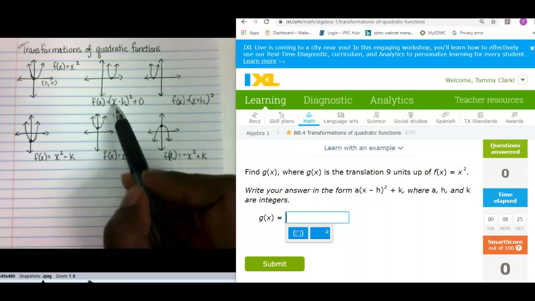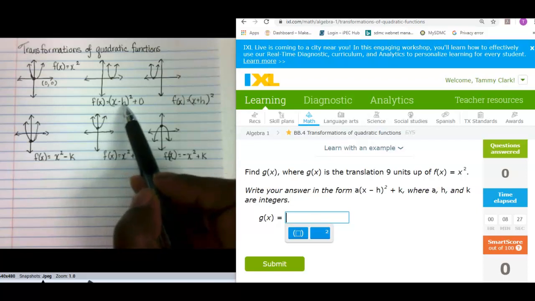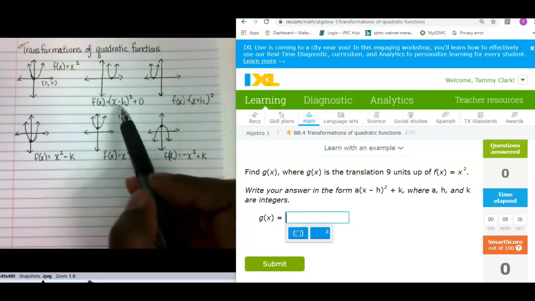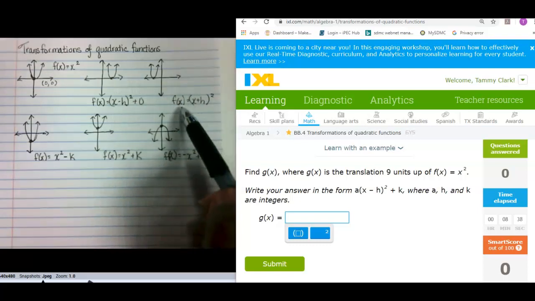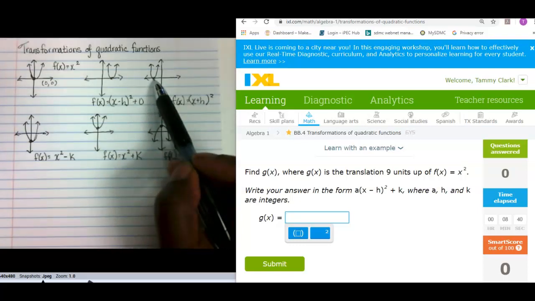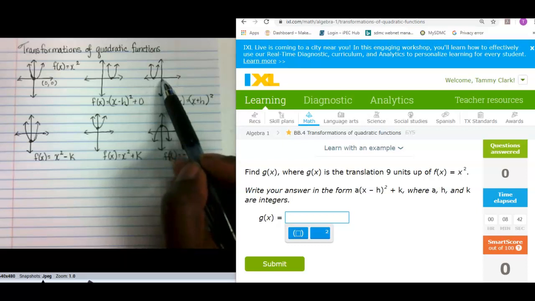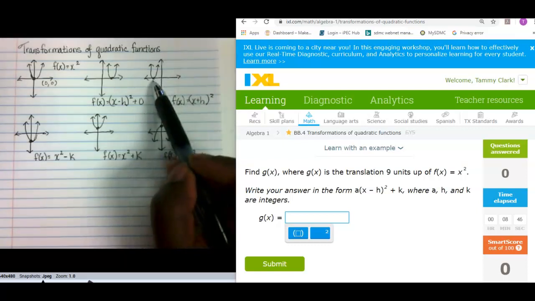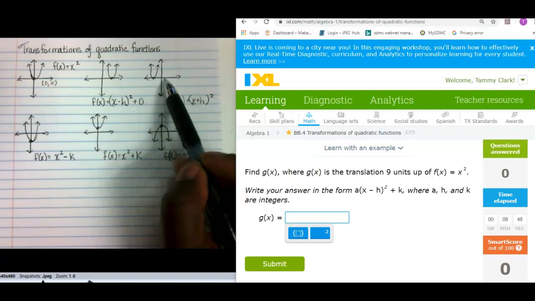That's why I have x minus whatever that number is, and I have squared to let everybody know this is a quadratic function. Here, the quadratic is sitting left, so in order to get back to the origin, I would have to add, because it's negative something, you add to get back to the origin.